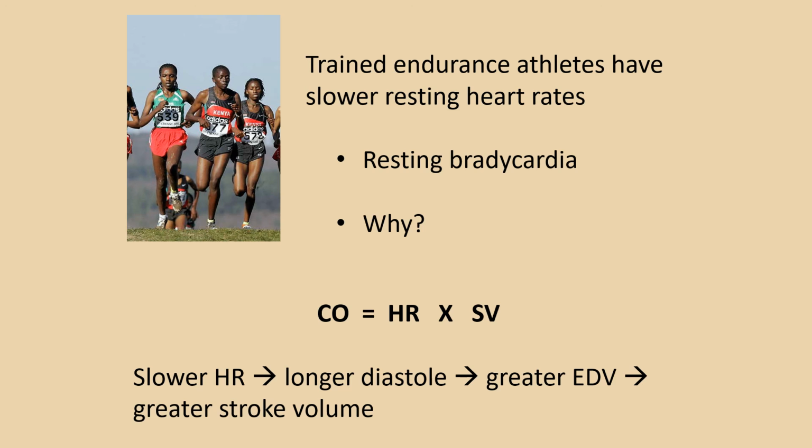If every body, regardless of training, requires a cardiac output of roughly 5 liters per minute, and this trained athlete has a slower than average resting heart rate, they need to have a larger than average stroke volume in order to maintain an adequate cardiac output of roughly 5 liters per minute. So with this larger heart, they have a slower heart rate that allows for a few more microseconds of time for the ventricles to fill.